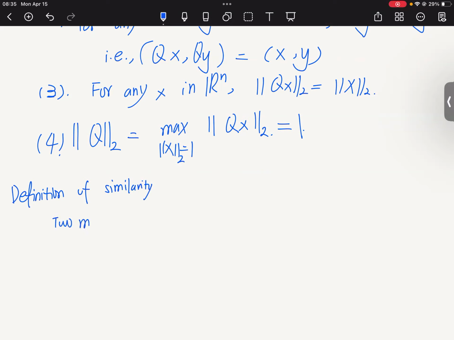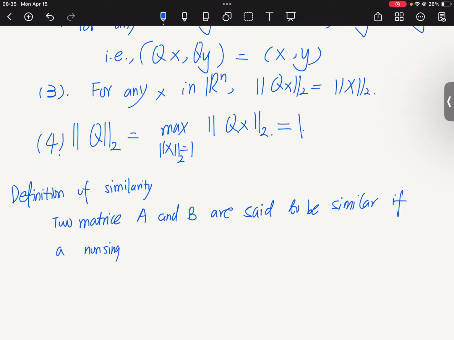Here we have two matrices, let's say A and B, and they are said to be similar if a non-singular matrix S exists with the property that A equals S inverse B S. This is the definition of similarity.